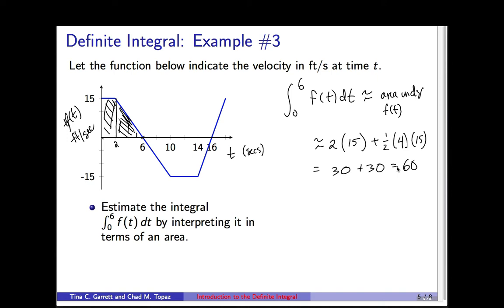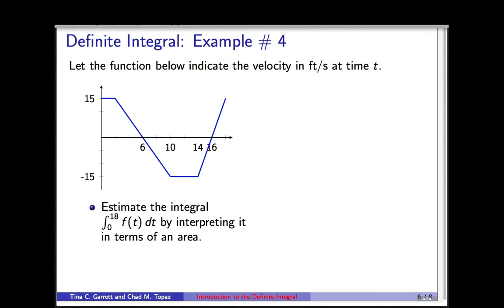And if you think about the units, feet per second times seconds, that should be feet, because this was essentially a velocity problem, so we're getting a distance. So we can also think about the fact that this definite integral told us the distance we traveled in the first 6 seconds.